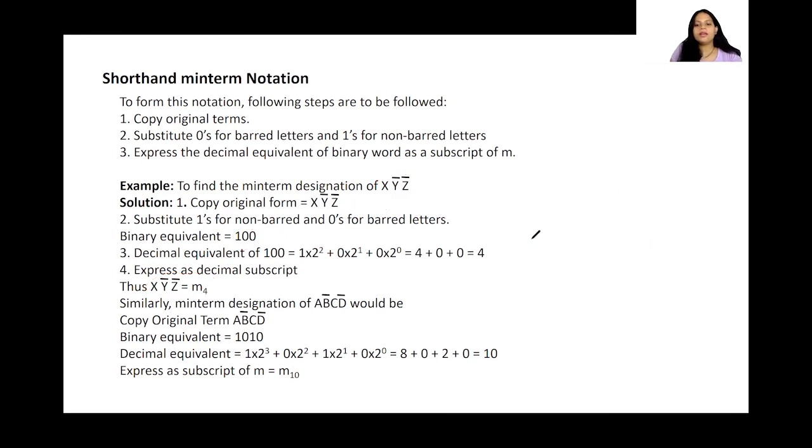We have A, B bar, C, D bar. So using these steps, how do we get it? A becomes 1, B becomes 0, C becomes 1 and D becomes 0. Let's convert this into decimal. 1 into 2 plus 0 into 2 plus 1 into 2 plus 0 into 2, with powers 0, 1, 2, 3. 2 to the power 3 is nothing but 8 here. 0 into anything is 0, plus 2 to the power 1 is 2, plus 0 into anything is 0.